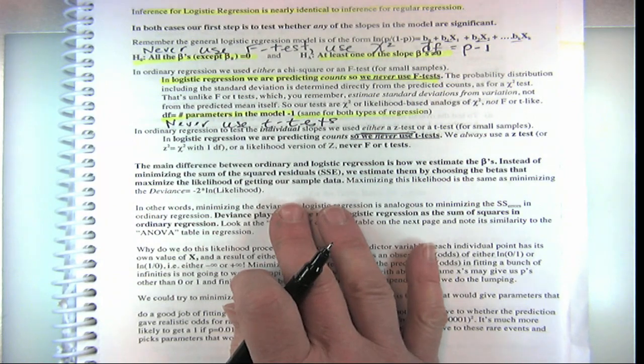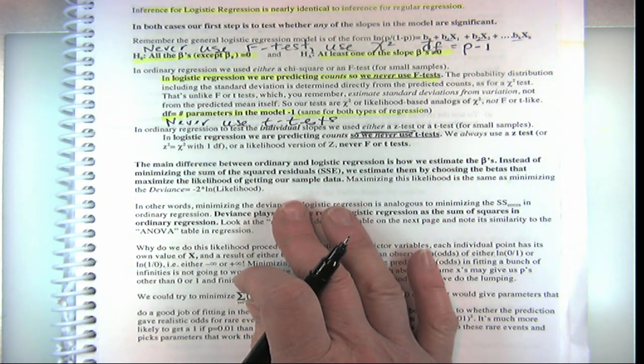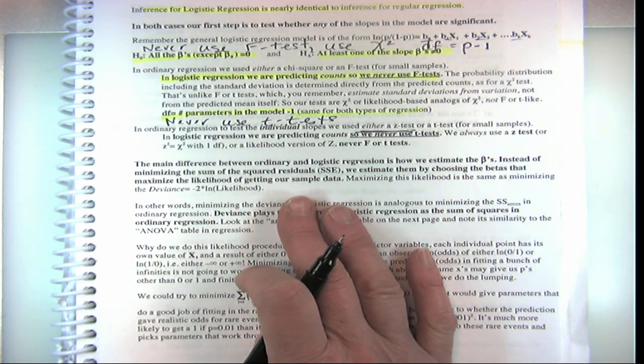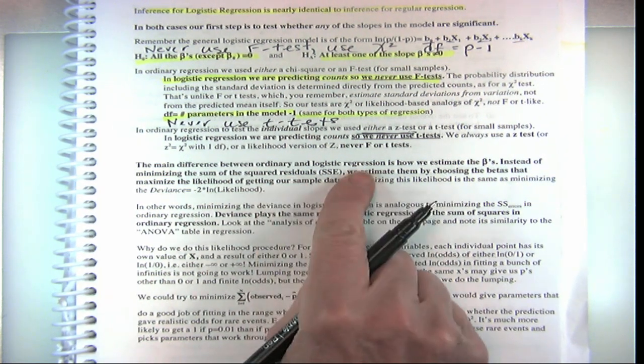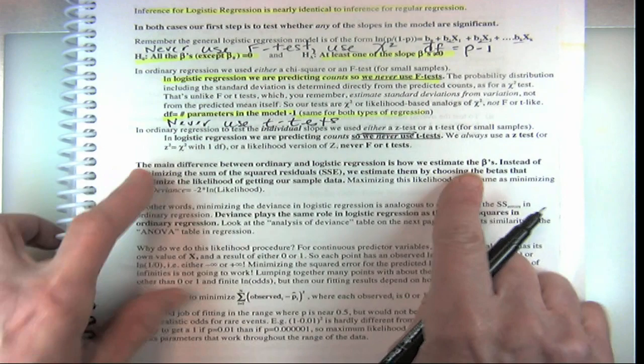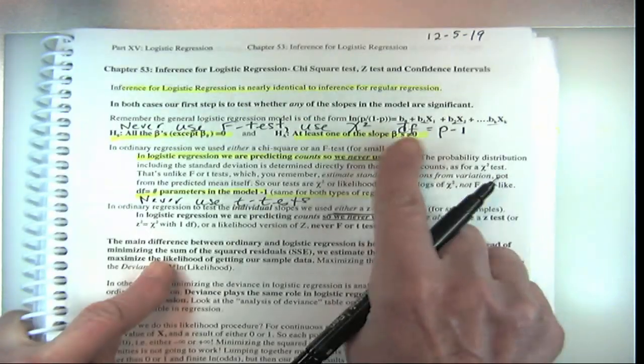So what's the difference between ordinary and logistic regression? It's how we estimate these betas in the model.